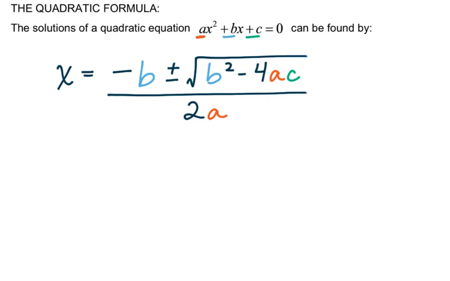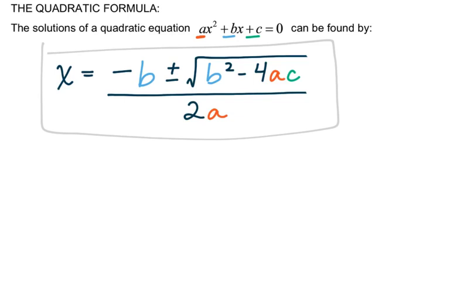So this is our quadratic formula. And yes, you need to commit this to memory, and you are going to be using it through all of your future math classes. All right, so we know how to solve anything. If it's in this quadratic form, we can determine two solutions.